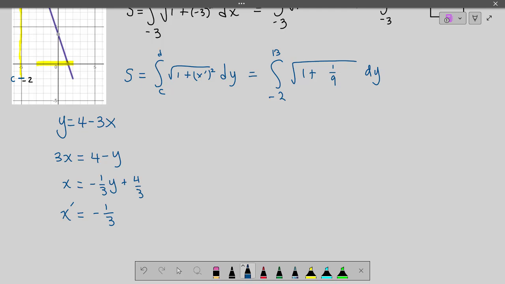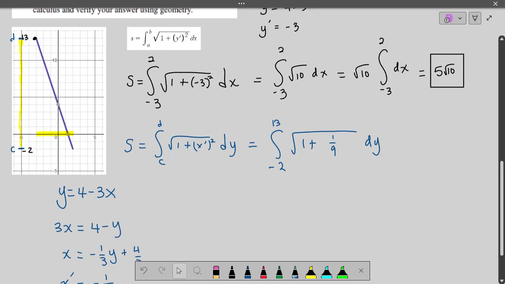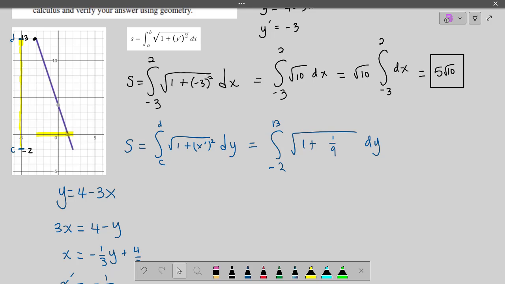Let me try to clarify that again. Because we had just been doing substitution, if you have an integral with limits of integration and you convert from, say, x to u, those limits have to be in the same position.